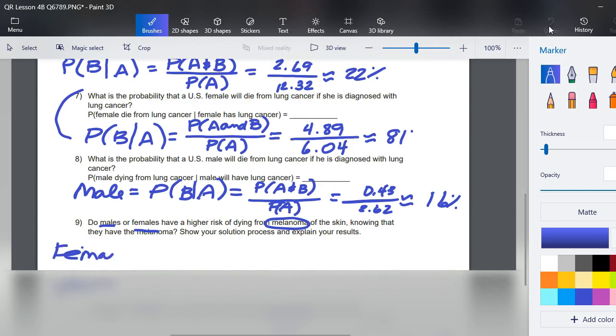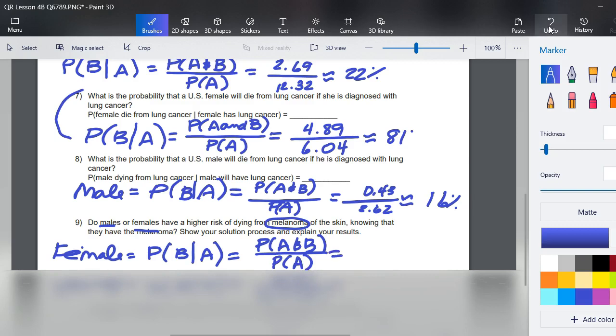They want us to compare that to the female probability. So the probability that you're going to die from melanoma, given that you had melanoma. So what's the probability of females who have melanoma and have died, divided by those who just have melanoma? I find that it's 21 hundredths of those who have died, 1 and 63 hundredths of females who have melanoma.